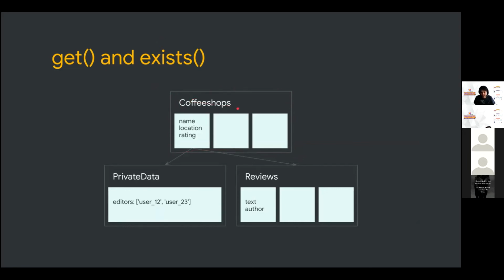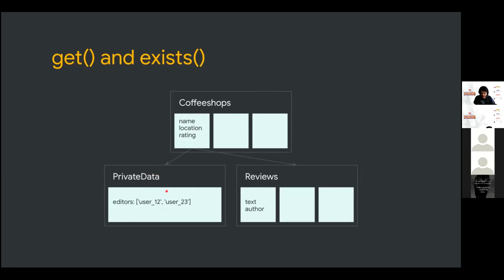We have a coffee shop collection with documents. Each document has a private data subcollection containing an editors array with user IDs of who can edit that coffee shop. So let's say we are trying to perform an update on this particular coffee shop. Before we allow or deny that request, we need to check private data, right?